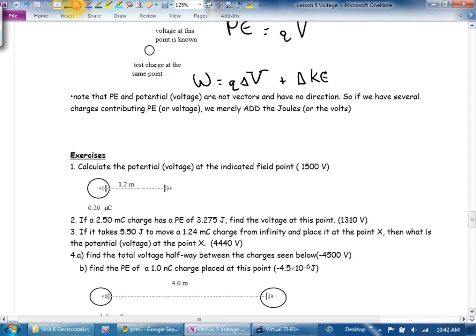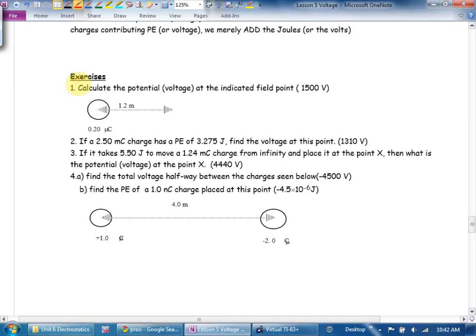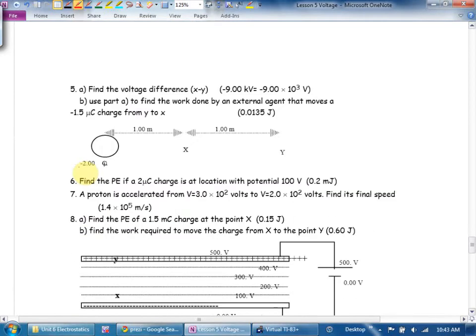Number 1. Number 2. Number 4. Number 5. What's that symbol in number 5 in the diagram right next to -2? I'm pretty sure it's supposed to be microcoulombs. It's been smooshed.